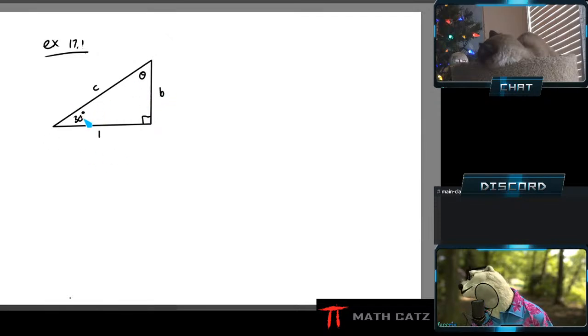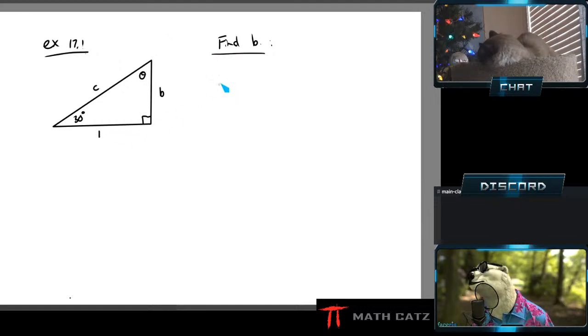I try and use as much of the given information as I can, and just build on that. So we can go and say, maybe find B. There isn't a specific order here. I just maybe wanted to find B first.